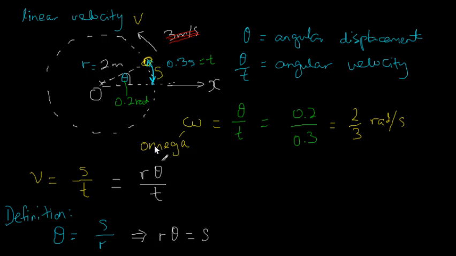Just so it doesn't get too abstract, in this particular example, r is 2 meters, theta is 0.2 radians, and t is 0.3 seconds.